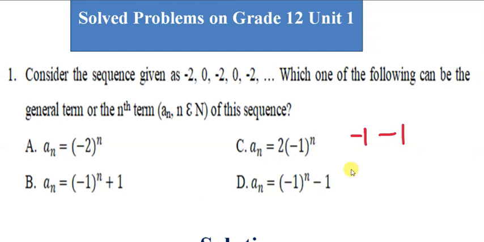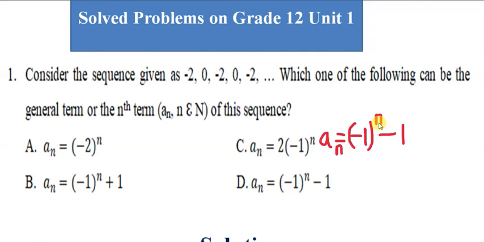Write -2 as such, and then put an in front of these two. Suppose this is our an. For this general term to give us the terms of the sequence, we have to put n as an exponent somewhere here. If I put n as an exponent here, we get (-1) to the power of n, minus 1.